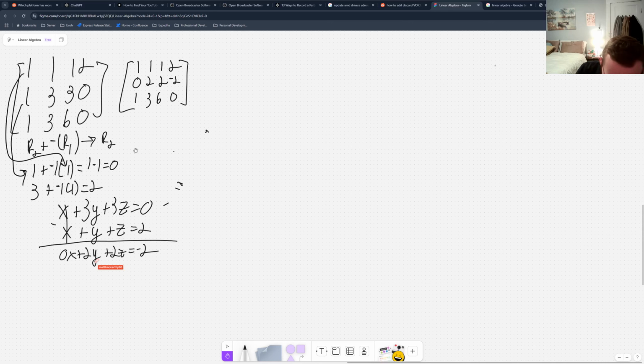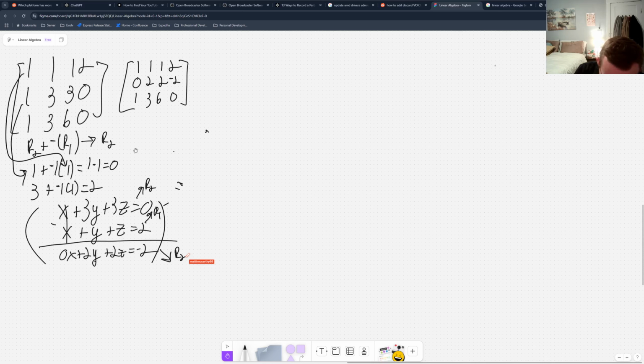And so, because I don't want to write out x and y and z every time, what you end up doing is a lot of mental math to essentially do what we did here, but just in your head, right? So we write that as this is R2, and this is R1, right? And then this becomes R2 again.